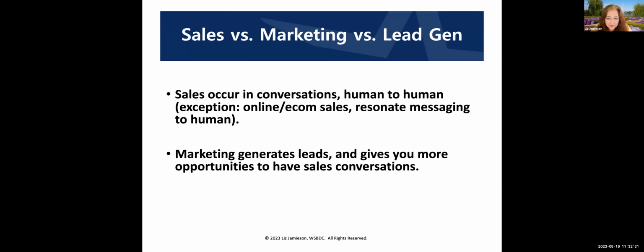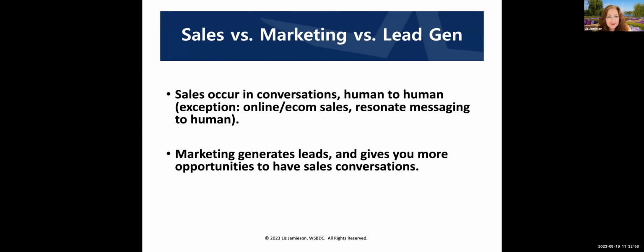That is often not true unless your operation is strictly an e-commerce operation, right? Where your sales conversations are taking place on your website with your user. Other than that, sales are a conversation with a human being, right? So sales conversations are generally belly to belly, human to human, right?